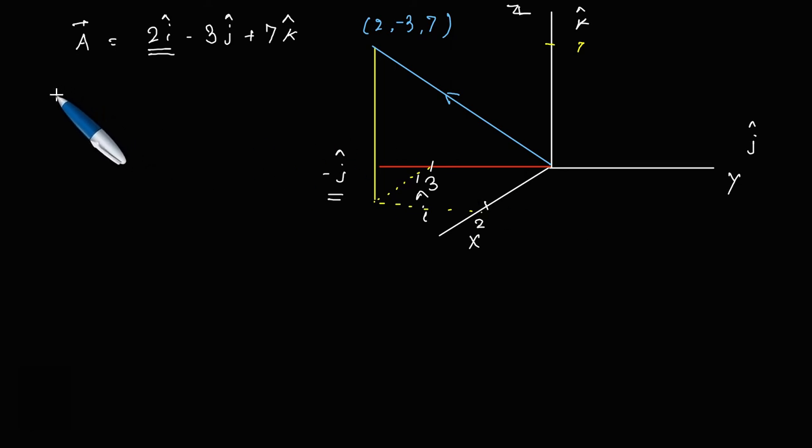What we need, we told that a cap is vector A by its value. How to find its value? What is the value of it? If this is our origin and this is our point, then the value of the vector is OP.